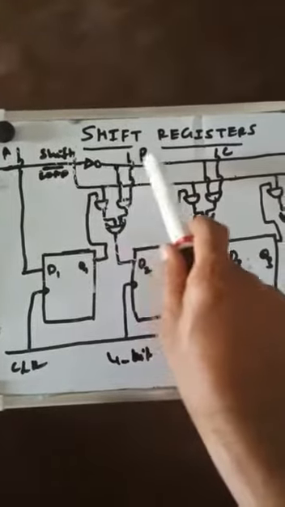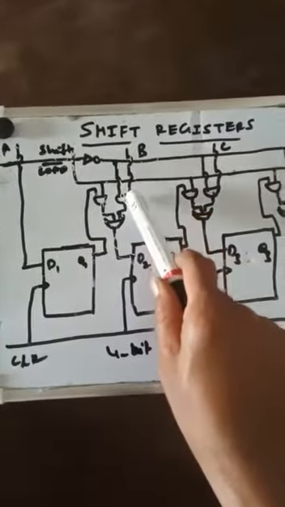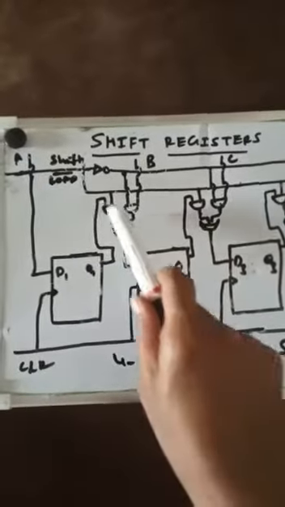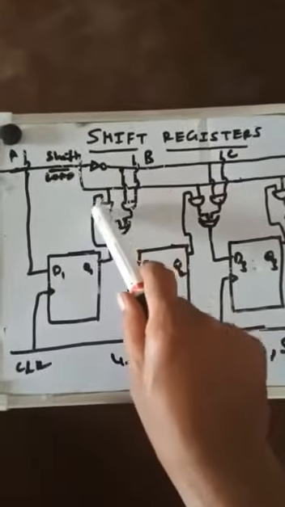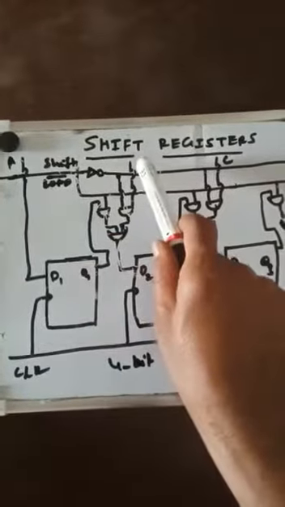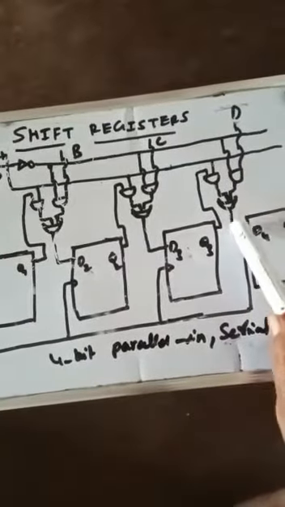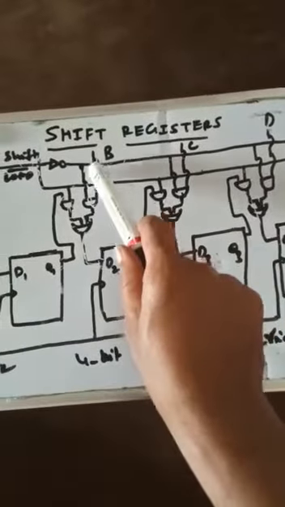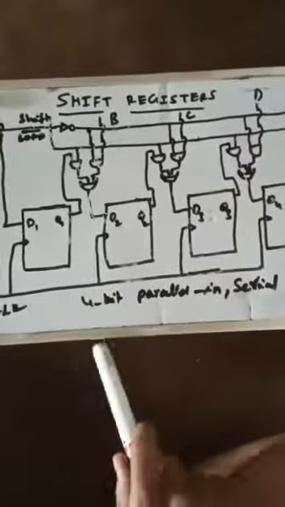This top line is activated means that one is connected to this, hence B is given and transferred through this OR gate and applied. At the same time, because shift is 0, this gate is deactivated. That means once the load is given, B, C and D are loaded through this way. So thus, a 4-bit parallel line.